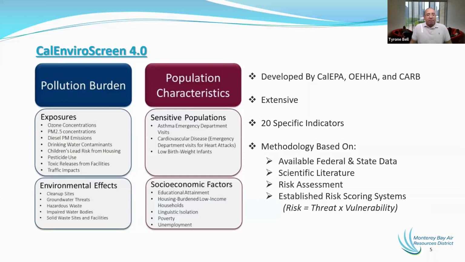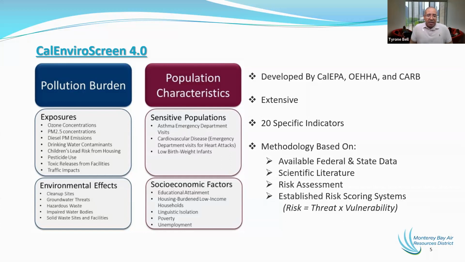So they use data from federal and state sources. Each of California's approximately 8,000 census tracts, and then they scored and ranked these using a quantitative method considering multiple pollution sources and stressors and vulnerability to populations.